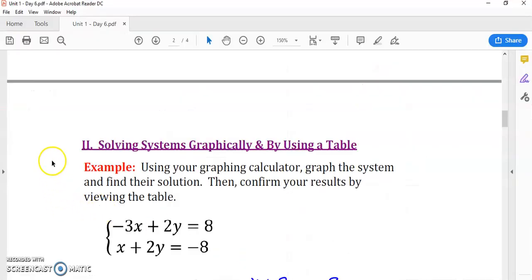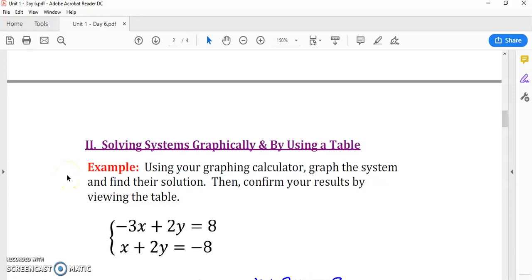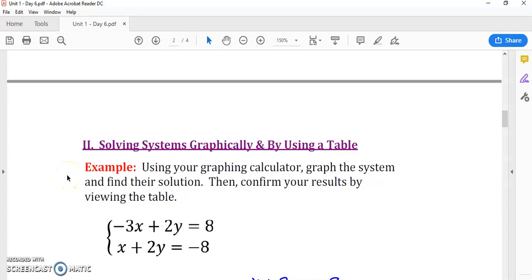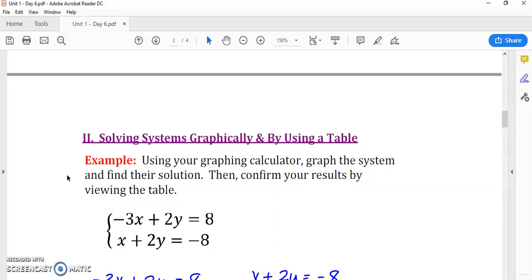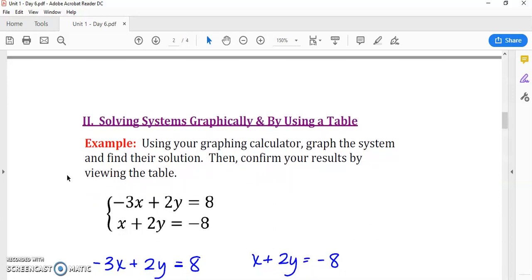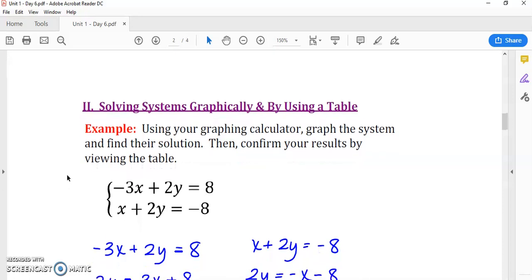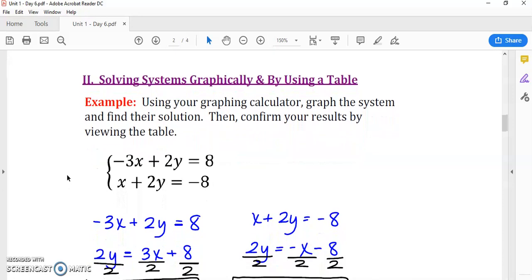The problem is a lot of us, especially if we're taking a quiz or test, we don't have Desmos at our fingertips because we don't have our phones right in front of us. Or at least we shouldn't. So we're going to have to do the quote unquote long way about solving this. So what we're going to have to do is take each of these two equations and rearrange them into slope-intercept form.